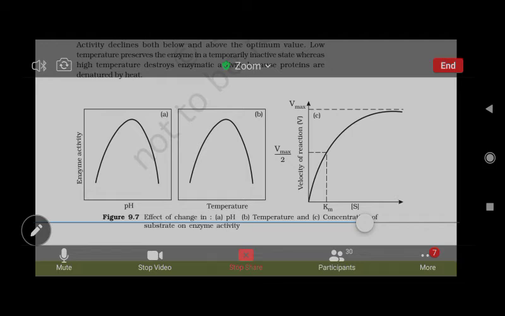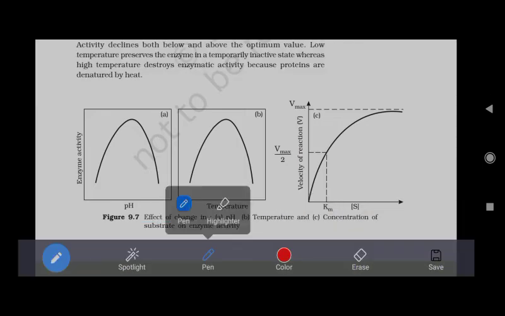From the graph, you can easily understand that initially with the increase in the temperature or the pH, the reaction rate accelerates. After reaching a maximum level, it decreases. That means there is an optimum range beyond which the activity of the enzyme will be hampered.